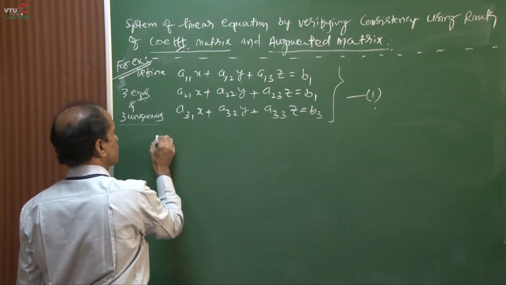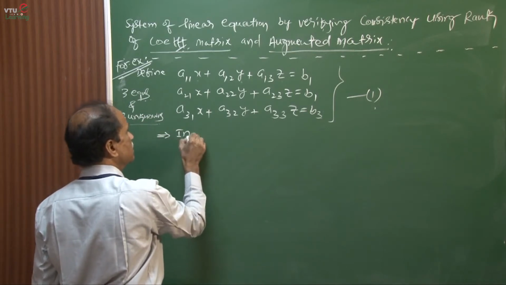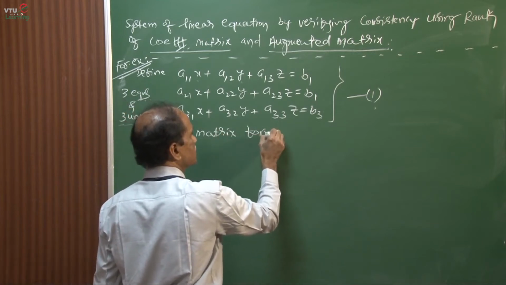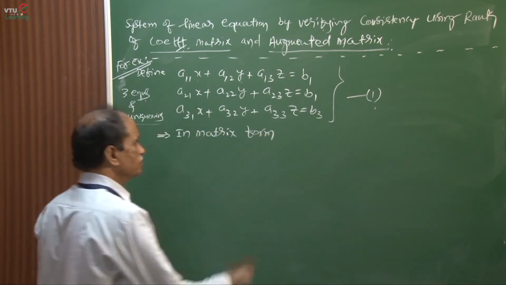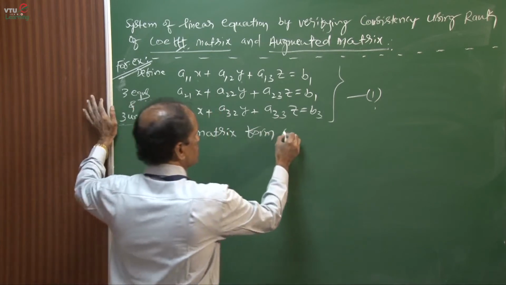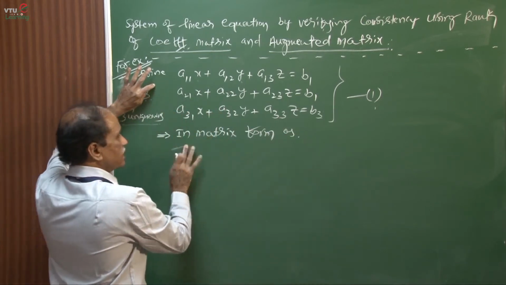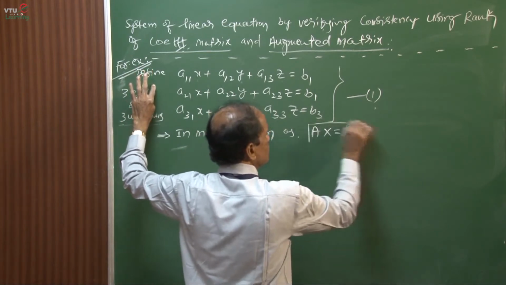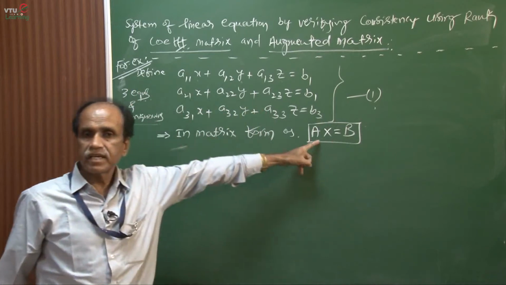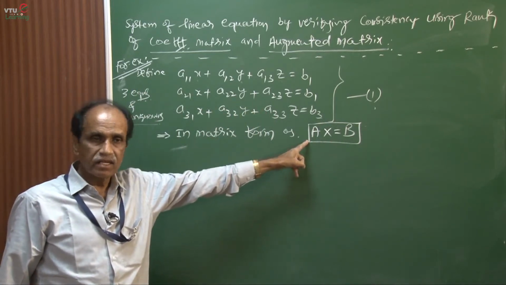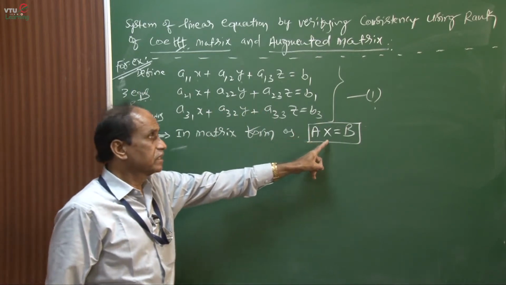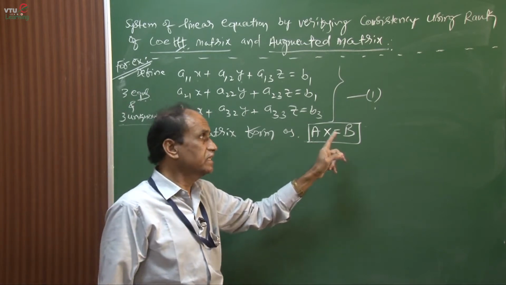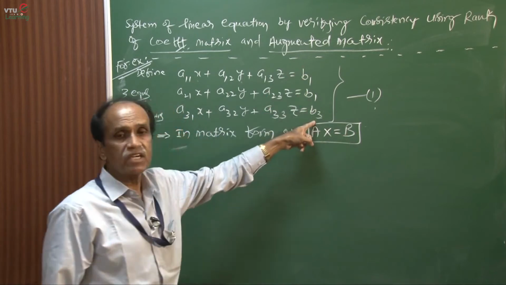So this implies in matrix form, as matrix equation, that is Ax equal to b. This is your most fundamental equation, Ax equal to b. What is A? A is called coefficient matrix and X is called column matrix for unknowns, that is X, Y, Z, and B is called column matrix for the constants.